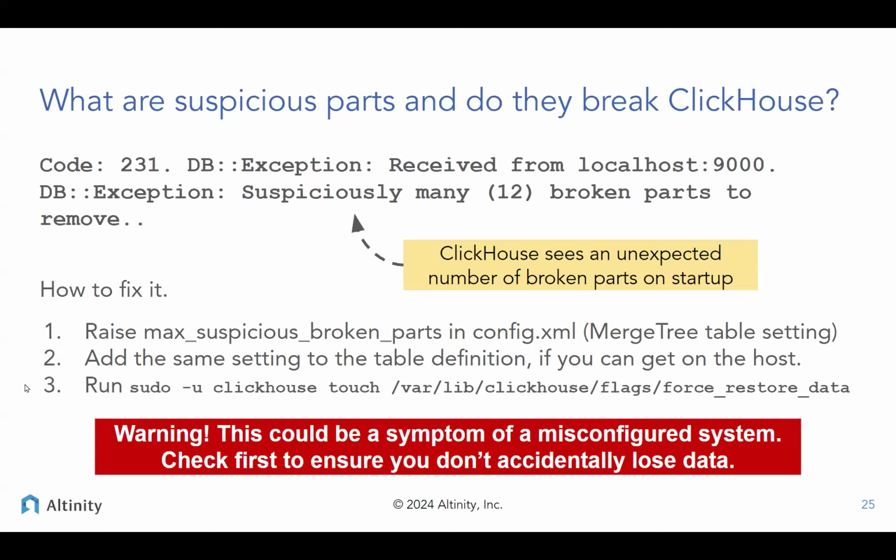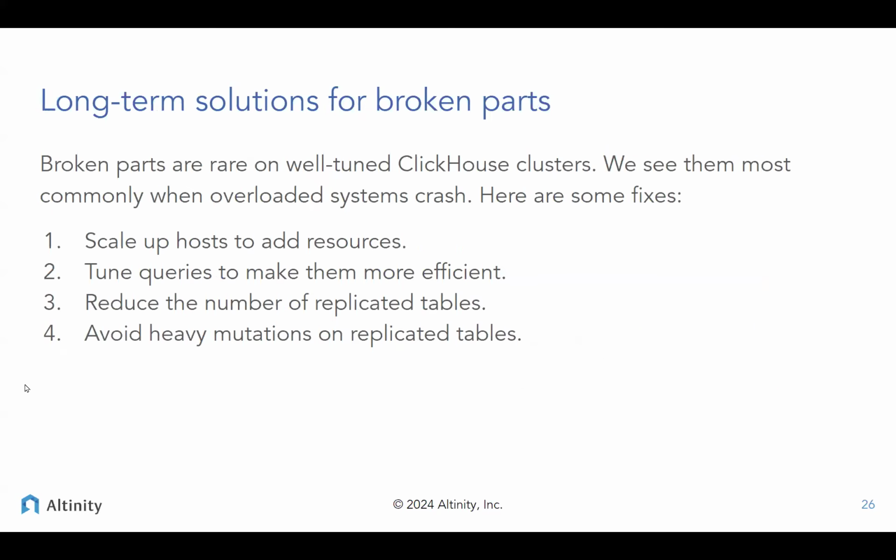Long range, when you start to see a lot of broken parts, it's usually a problem with the way you're running ClickHouse. So these problems are pretty rare if your system is properly tuned. In fact, if you're running on a desktop or just doing development activities, it's usually pretty hard to break parts or to cause them to detach.